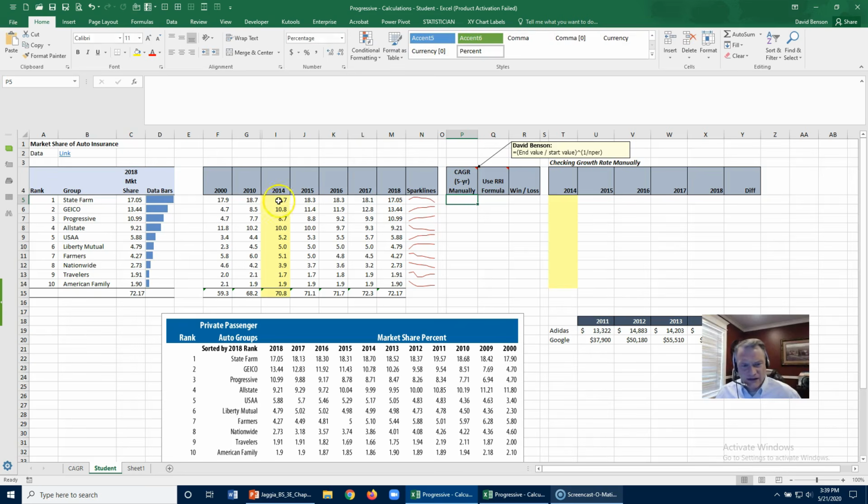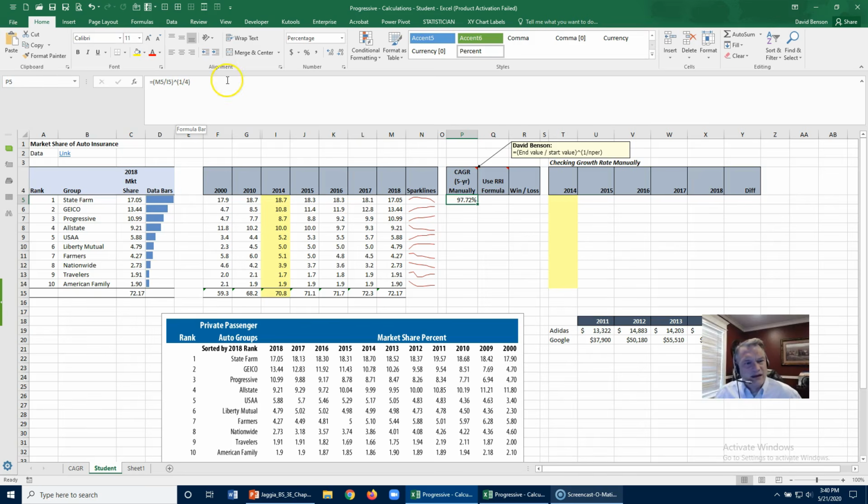Okay, and then if I started with 18.7 in 2014, I've got 1, 2, 3, 4 years of growth, or 4 growth rates, essentially what I would have. So that's why we're going to raise it to the power of 1/4. So we're going to do equals that divided by this. Now, I always put these in parentheses just so that Excel will get the order of operations right. And so I raised that whole thing to the power of 1/4.